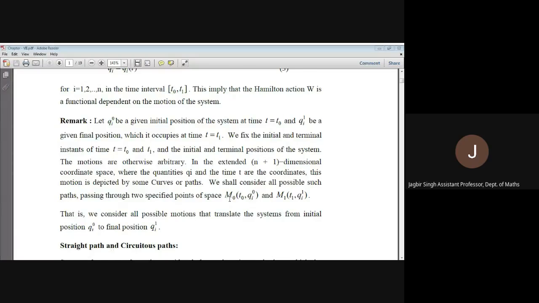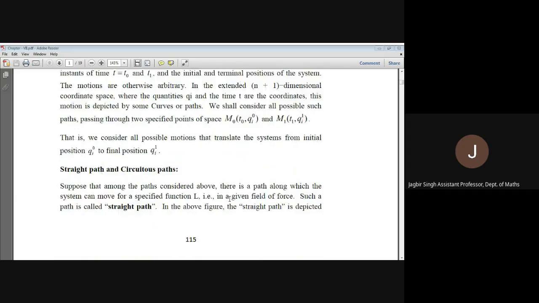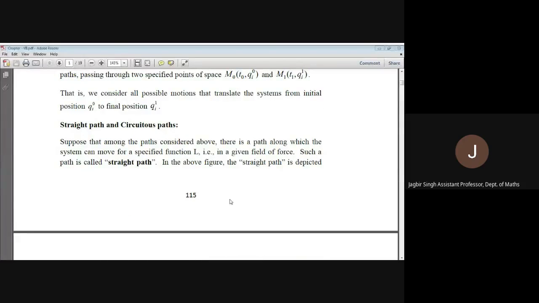Now from qi0 to qi1, that is, from the initial position to the final position, we can move through various paths. We can move on a straight line path, or we can move along any arbitrary path that is not straight. So there is a concept of straight paths and circuitous paths.